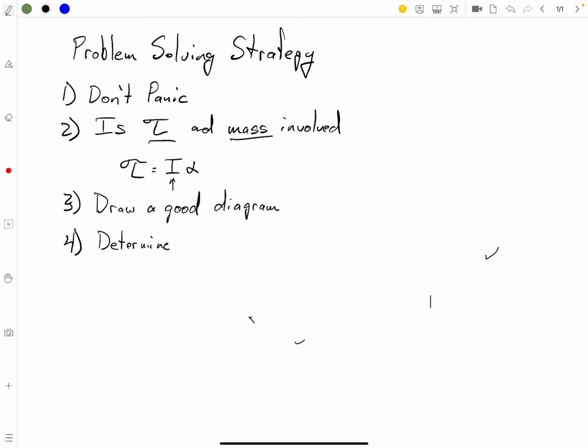I showed you how to determine the distribution of mass, because you need to know that distribution of mass. 5. What is the moment of inertia for that distribution?